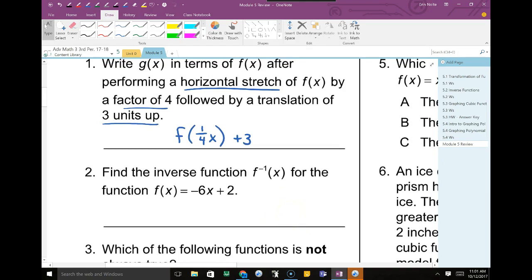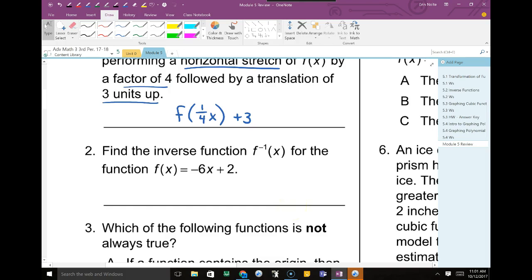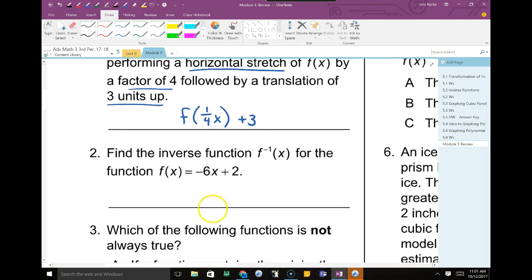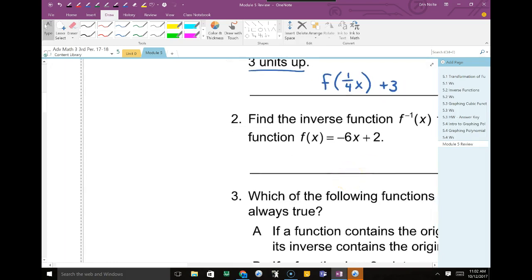Okay, everybody okay with question number 1? Okay. Question 2, find the inverse. How do I find the inverse of any function? Okay, good. So all I'm going to do is do x equals -6 times y plus 2, and then what do I do from there? Okay, good. So I'm going to isolate my y, subtract 2, so I have x minus 2 equals -6y, then what?